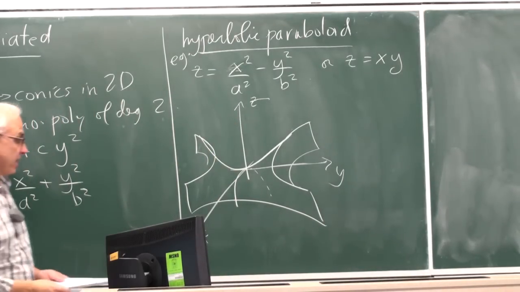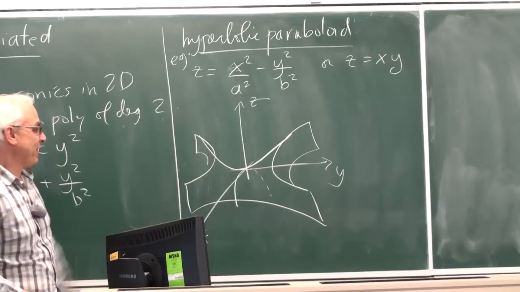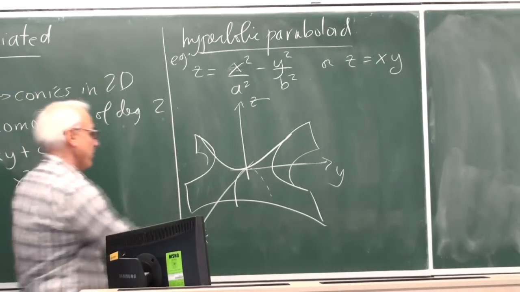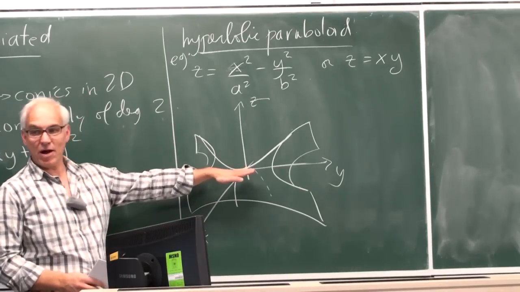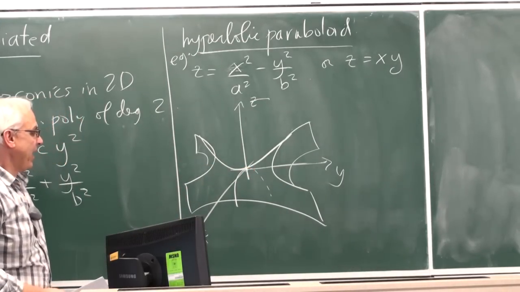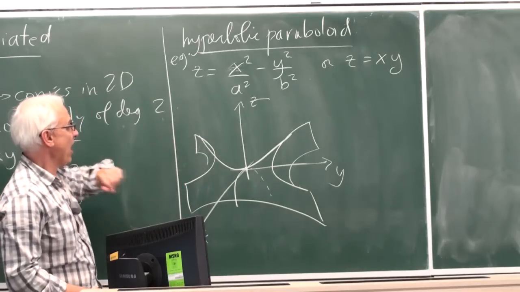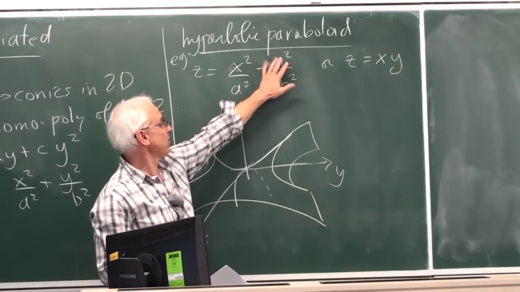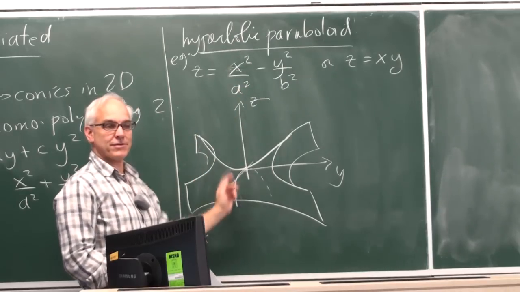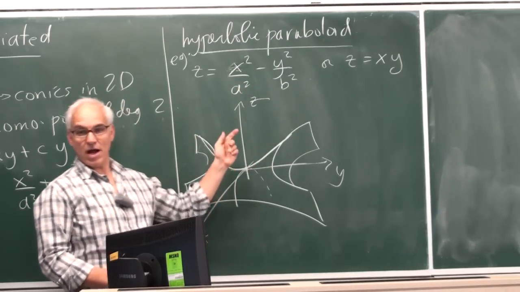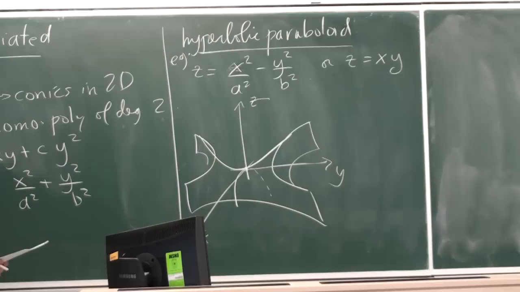Okay, so it's meant to be a kind of saddle shape where it's going through the origin, and it's in fact tangent to the xy plane at the origin. And in one direction it kind of goes up. So for example, if you set that equal to 0, then it will go up. But if you set the other one equal to 0, then it will go down. So it's a parabola in one direction going up and a parabola going down in the other direction.